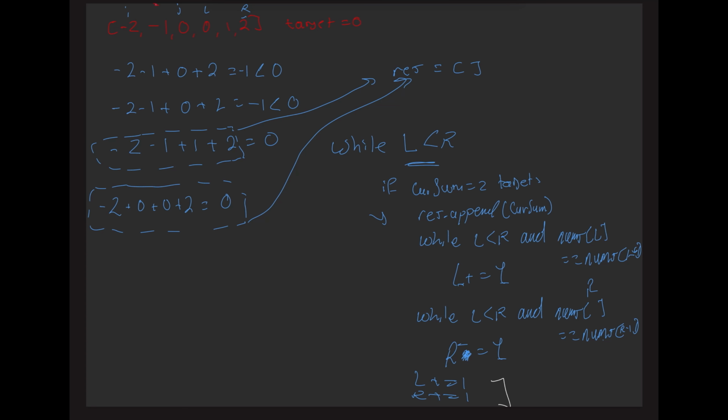And we're going to come down to this guy now again, when the left pointer and the right pointer are on top of each other. And unfortunately, that causes the left pointer to no longer be valid.